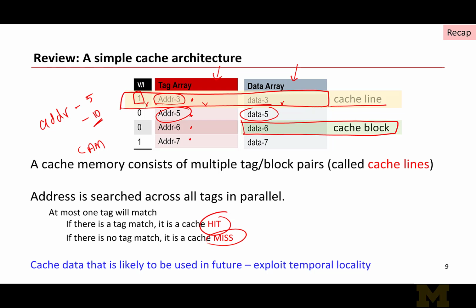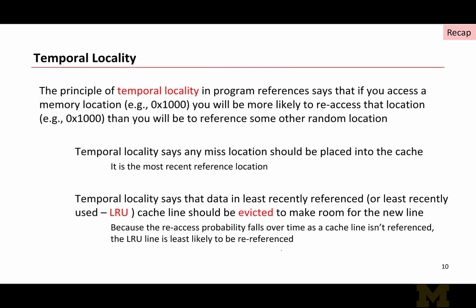Then we talked about how I can increase the chance that I would find an address, and we talked about this idea called temporal locality that is often present in programs. The idea of temporal locality is that if I access a memory location 1000, let's say, you're more likely to access that same address in the very near future.